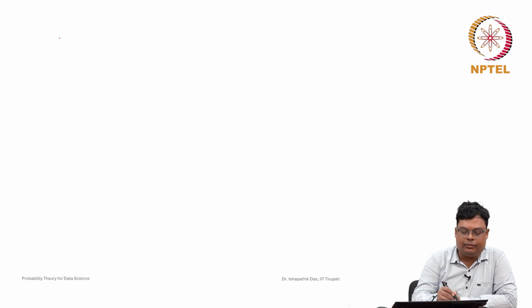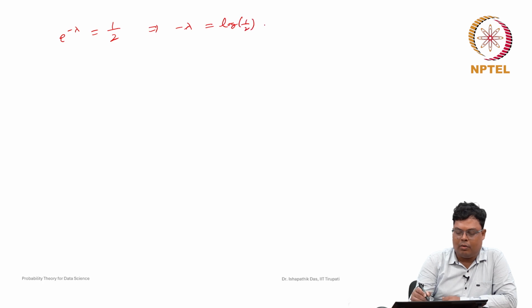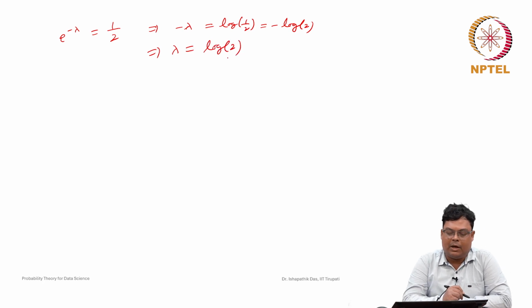If we take log on both sides, minus lambda is equal to log of 1 by 2, which is log 1 minus log 2, so minus log of 2. This implies lambda equals log of 2. This is the value of lambda.